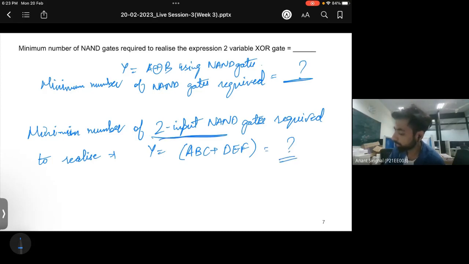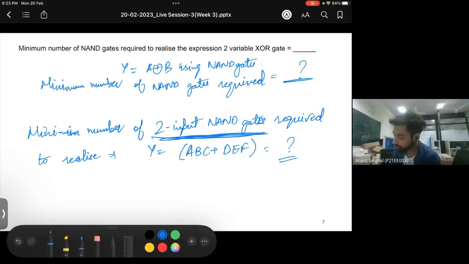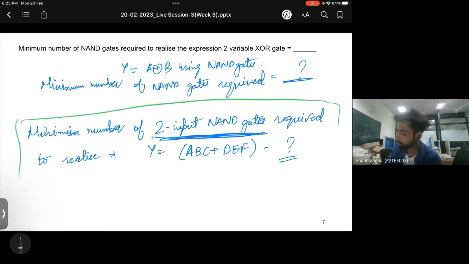And I have specifically written two inputs. This is a homework problem for whoever has solved the earlier problem.